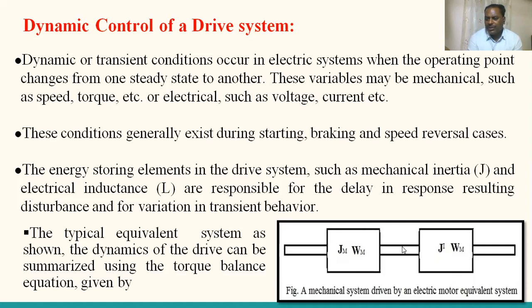The speed will be the same because both are mechanically coupled to each other. Whatever the motor speed may be, the load speed is also the same. So it is a mechanical system driven by an electric motor, represented by an equivalent system.